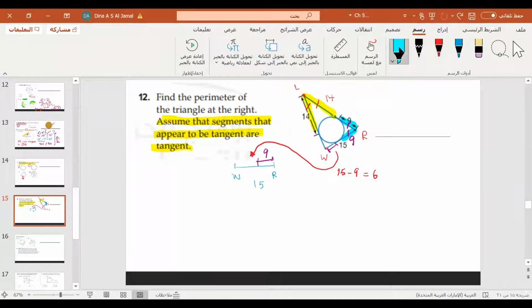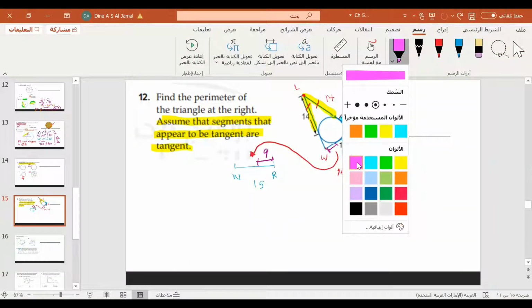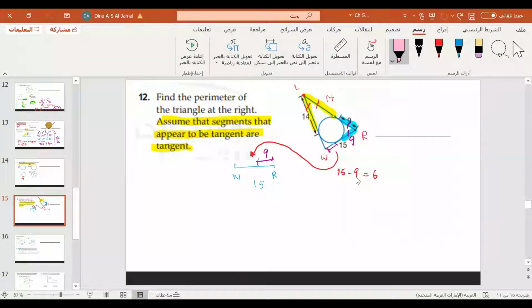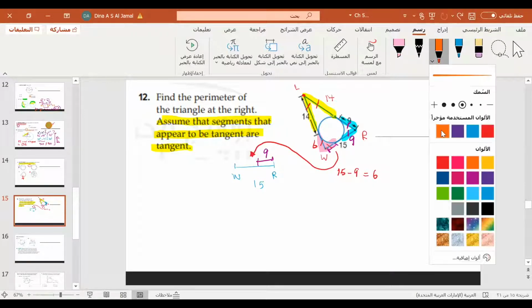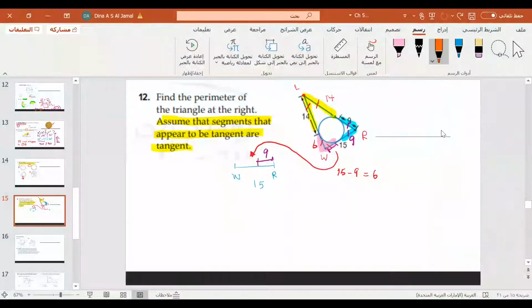So this is an external point. Let's go to the other external point, which will be forming two congruent tangents. So if there is a measurement of 6 here, that means it is 6 there. So let's now draw our new triangle. I will roughly sketch it. Here, you know that the measurement is 15. There, you know that it's 14 plus 9.